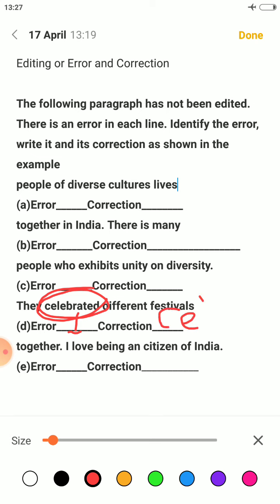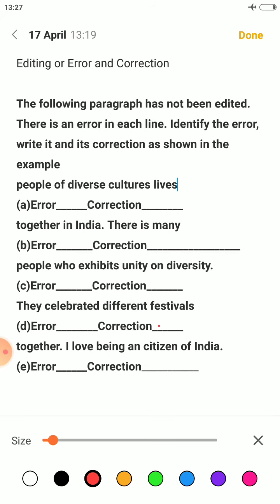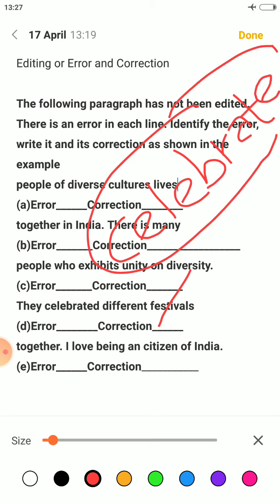The correction should be celebrate, C E L E B R A T E. We're talking about question number D. They celebrated different festivals.